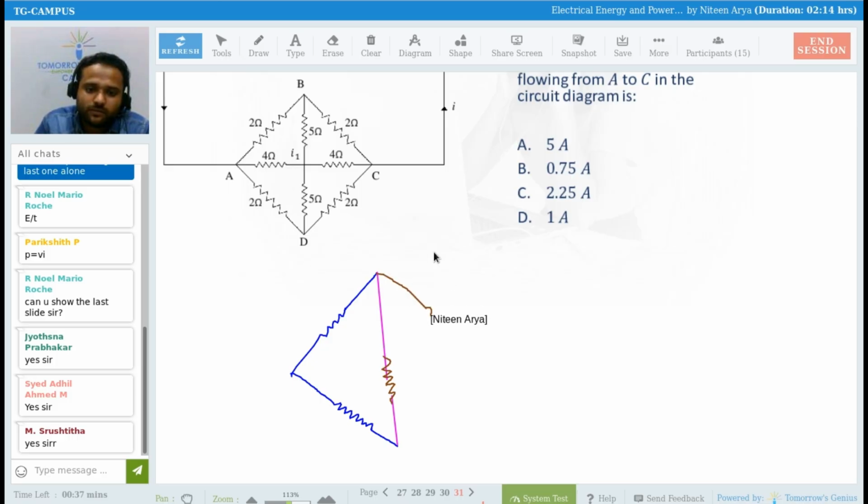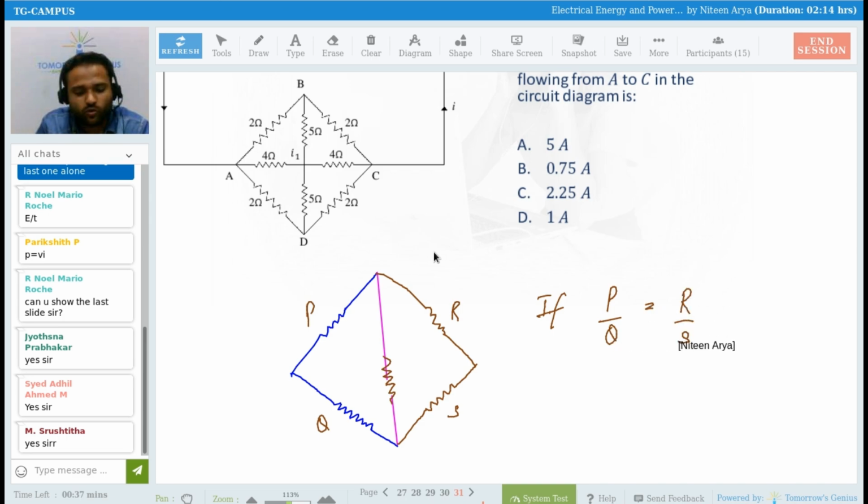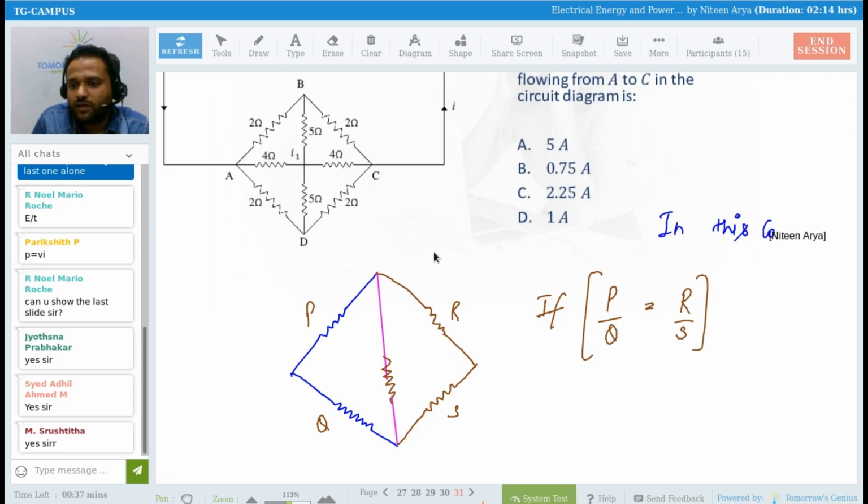So if I'm not wrong, P, Q, R, S. If P by Q equals R by S, then in this condition, suppose this is your A, the current at A is 0.